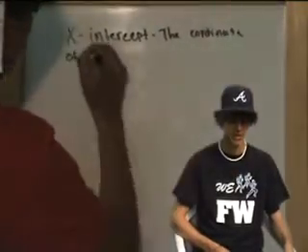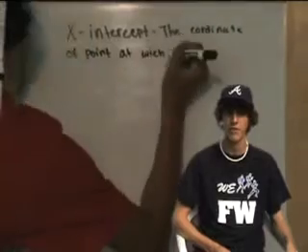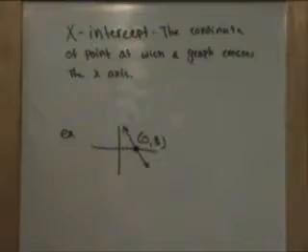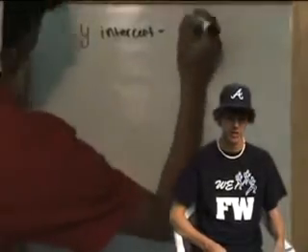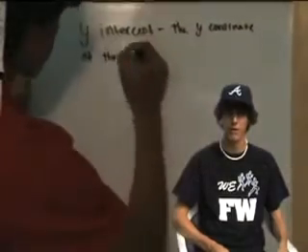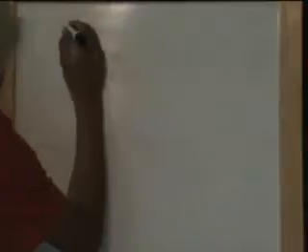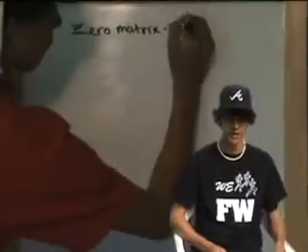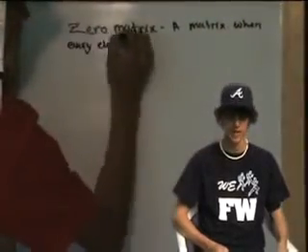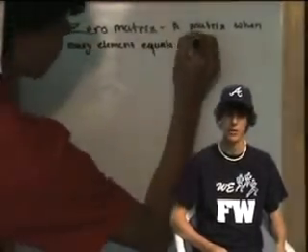X-intercept: the coordinate of the point at which a graph crosses the x-axis. Y-intercept: the coordinate of the point at which the graph crosses the y-axis. Z, zero matrix: a matrix in which every element is zero.